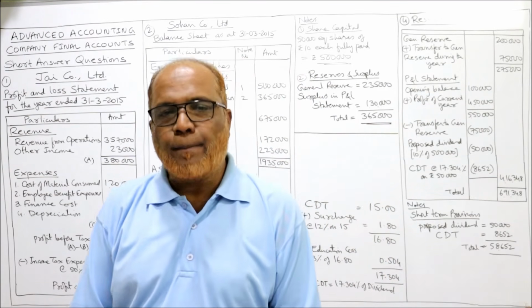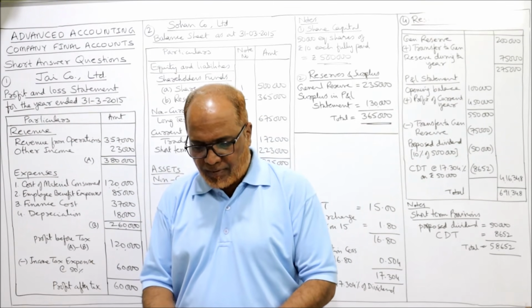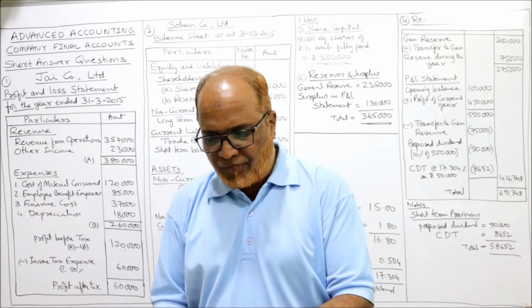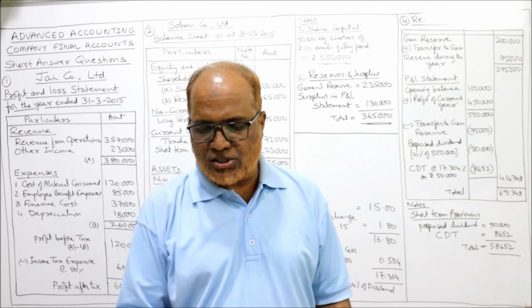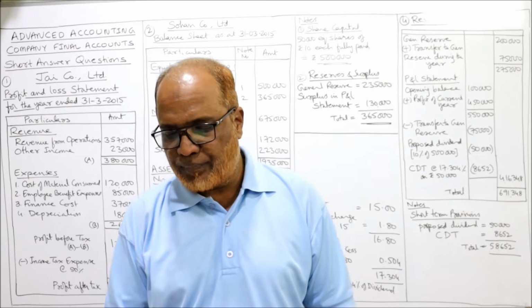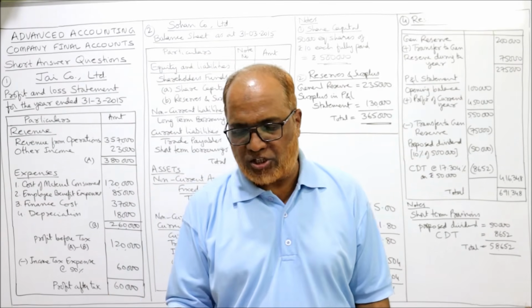See the first problem, the first short problem. From the following particulars pertaining to J Company Limited, prepare the profit and loss statement for the year ended 31st March 2015. So in this problem we are required to make the profit and loss statement.